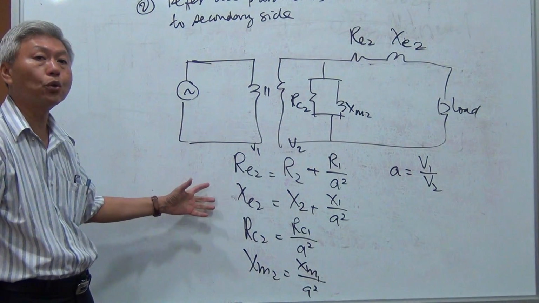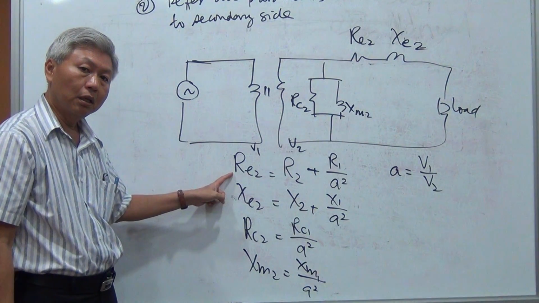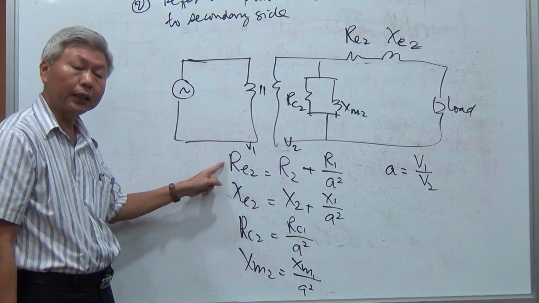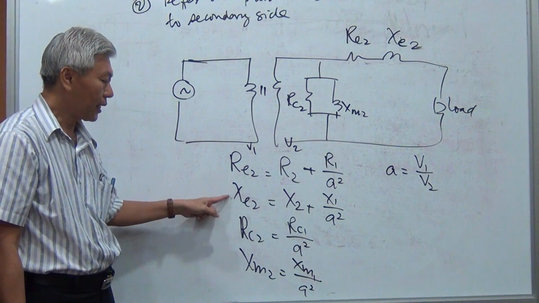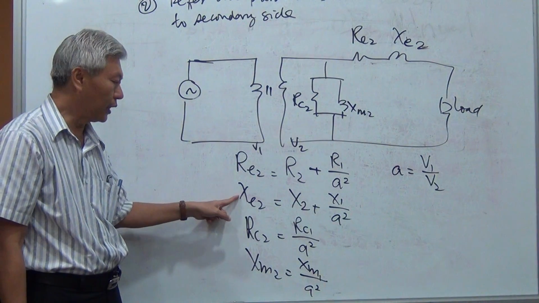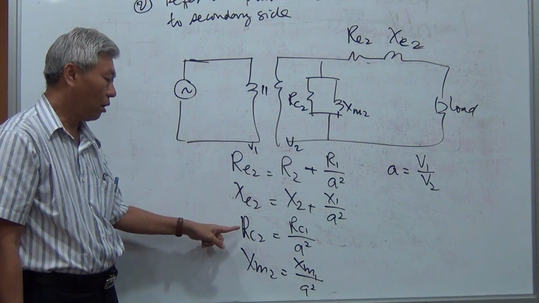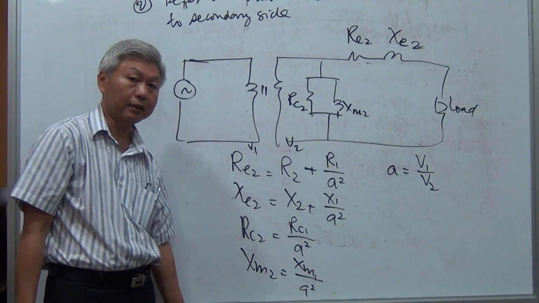Now let's practice the English words. How would you say this in English? The secondary equivalent winding resistance, secondary equivalent leakage reactance, secondary core loss resistance, right? And the secondary magnetizing reactance.